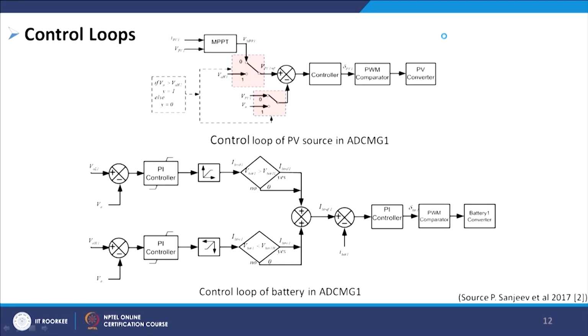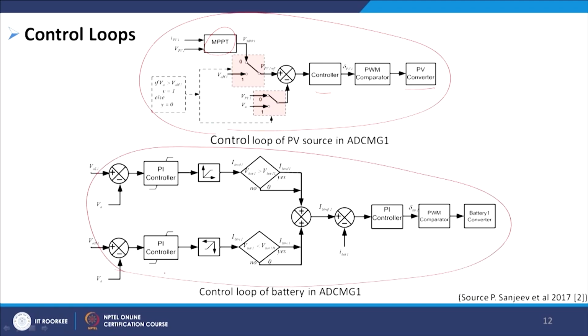Now, this is the control loop of the battery of my autonomous DC microgrid 1. We can see the MPPT operation, we have a controller and finally the PV converters. So, this is the control strategy for my PV, and we can have this control strategy for my battery.